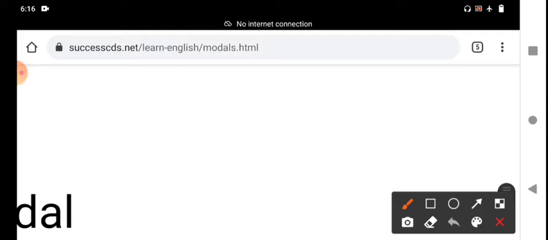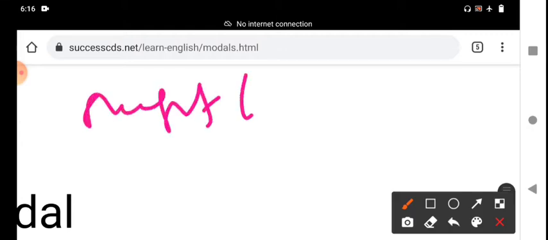For example, take ought to. It is a semi-modal verb. I will give you an example. In one sentence, it functions as a modal verb. What is the other function? It works as a main verb.